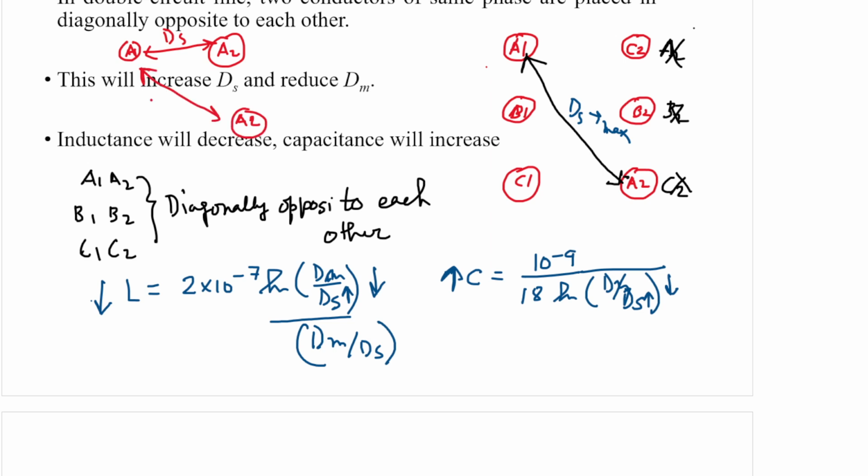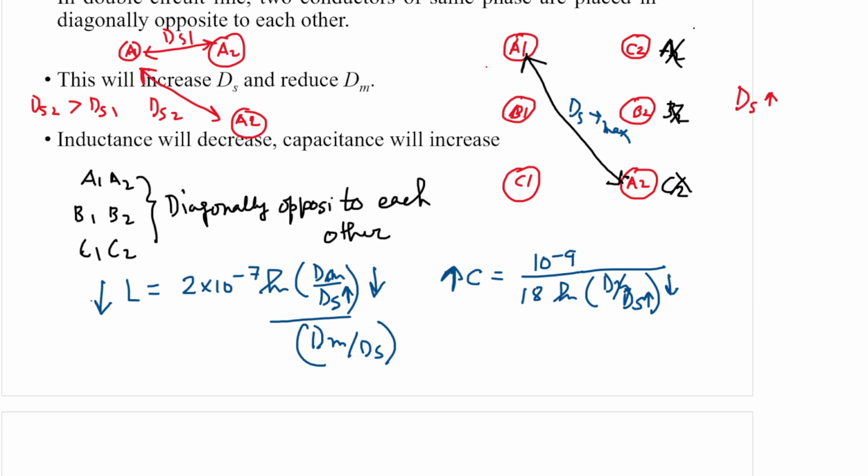So we have ds2 and this is ds1. Out of these two, you can understand one thing, ds2 is greater than ds1. So we can achieve maximum self-distance if we arrange phase conductors diagonally opposite to each other, and that will increase ds.